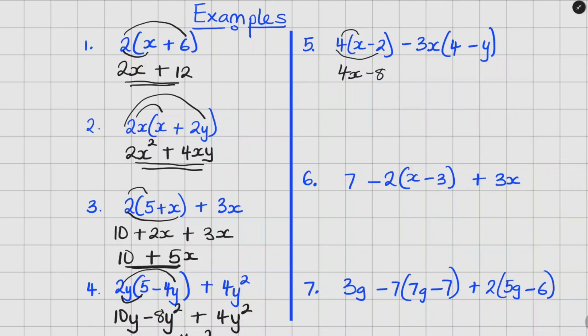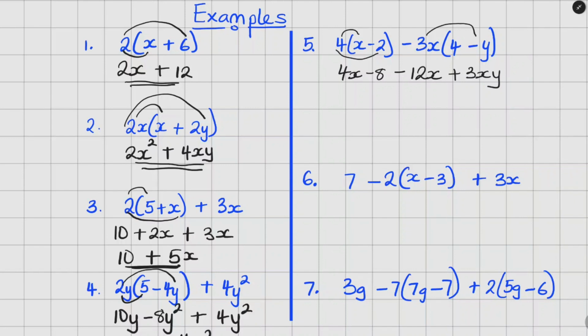Minus 3x times 4. Note that there is a negative sign in front of the 3x, so you have to do minus 3x times 4, and that gives us minus 12x. Minus 3x times minus y, that's going to give us plus 3xy.